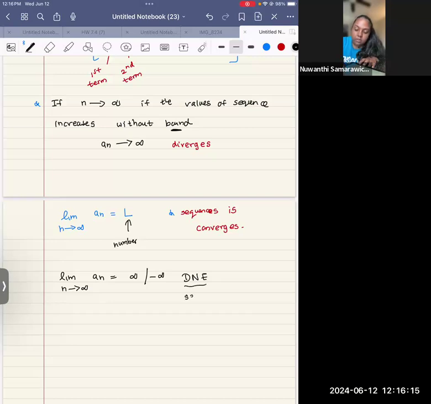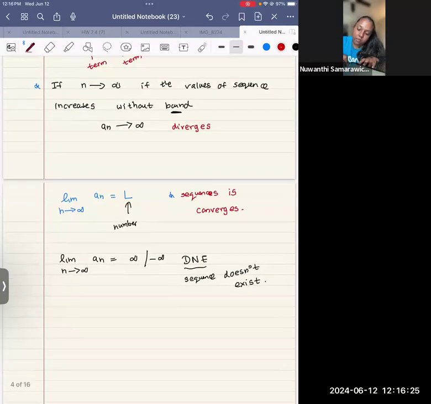So the limit doesn't exist, and we call that sequence diverges, because it doesn't converge to a particular number. Okay, so let's do some examples.